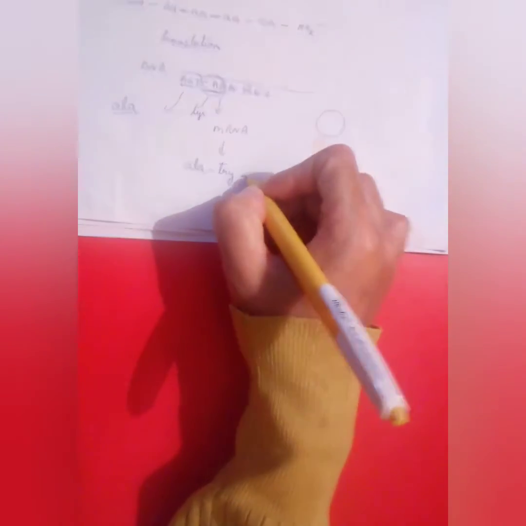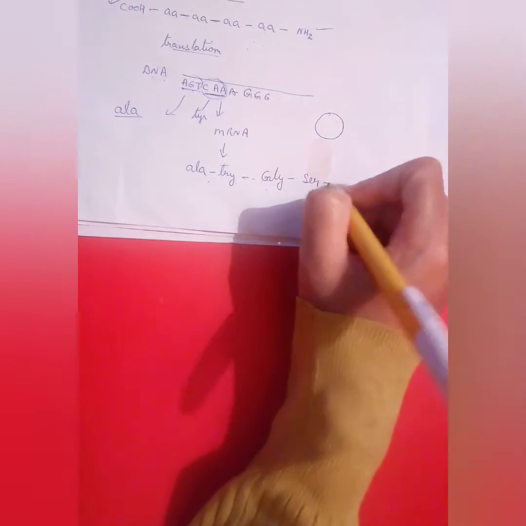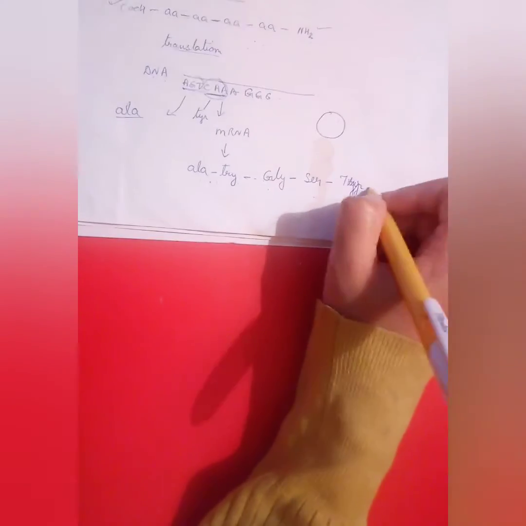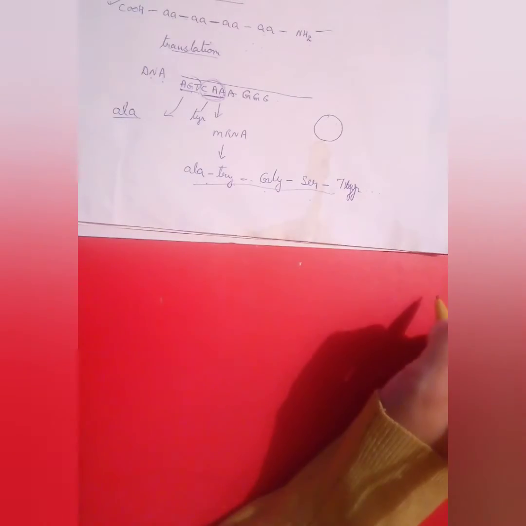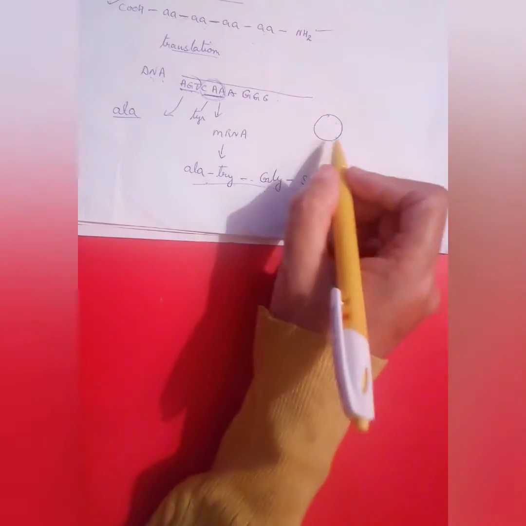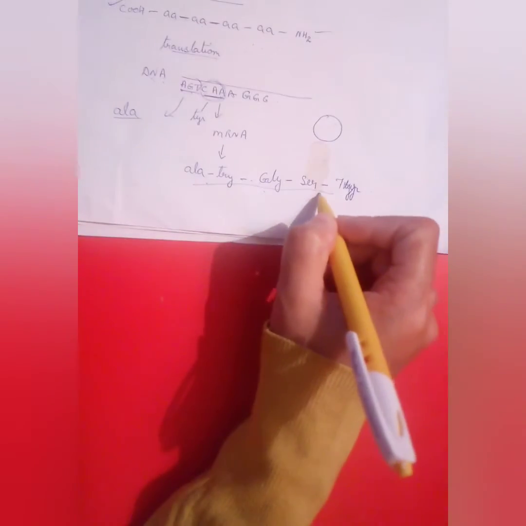For example, like I had given you here, suppose alanine, tyrosine, then glycine, then suppose the next one is serine, tyrosine, and so on. Okay, so this is a specific sequence which is determined by the cell's information. Suppose this is one protein.